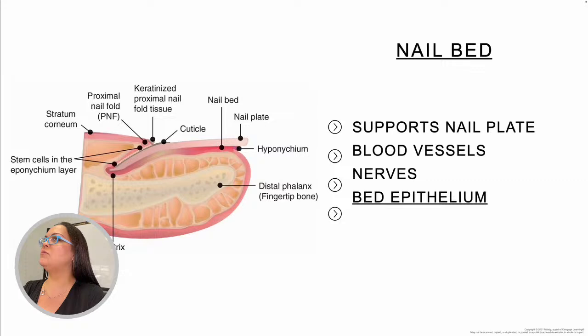How is that possible? Think about it, if I have friction, right? Because your nail bed is growing and rubbing up against that nail plate. There's a very thin layer between the nail bed and nail plate.